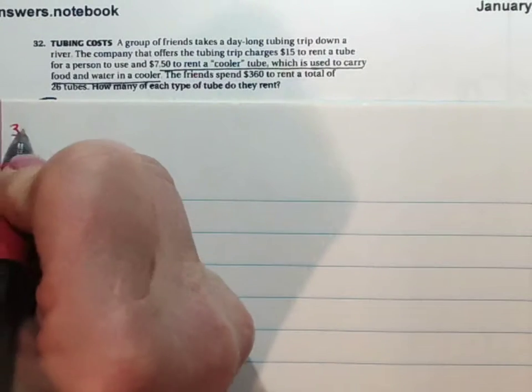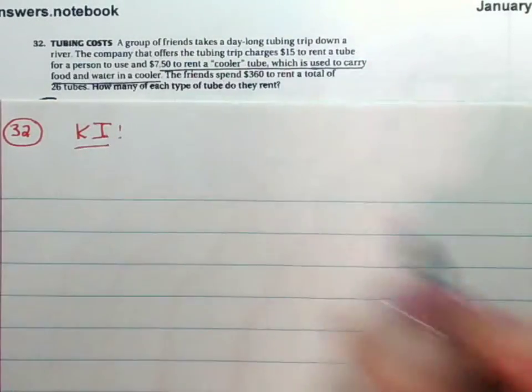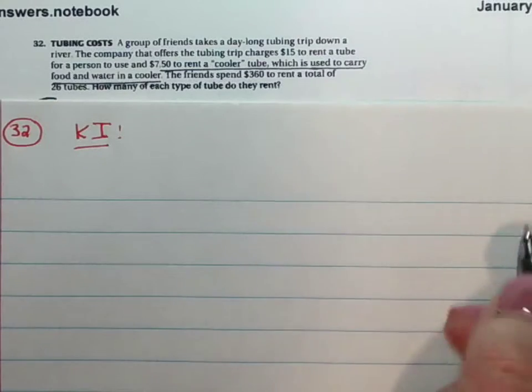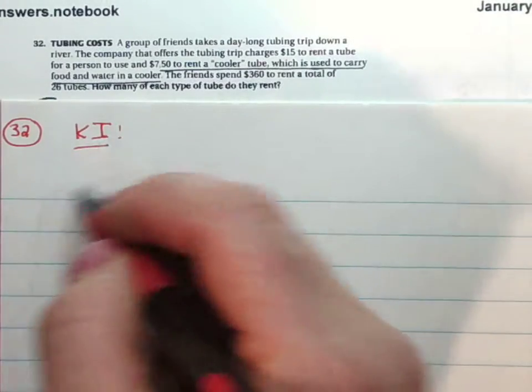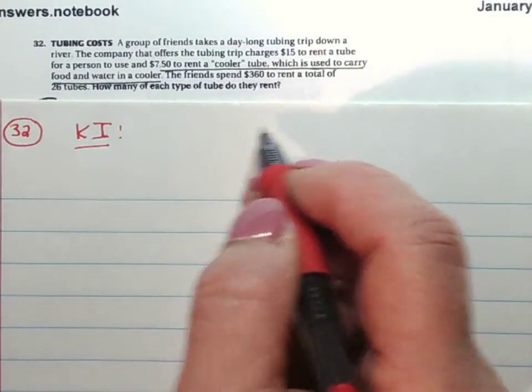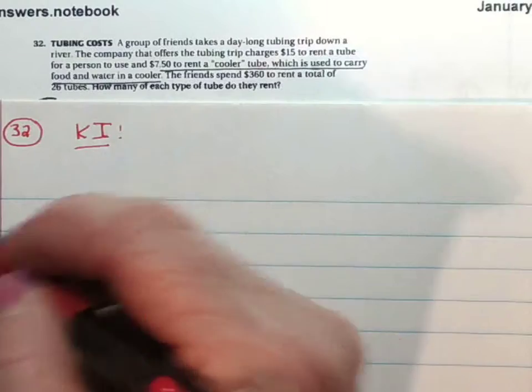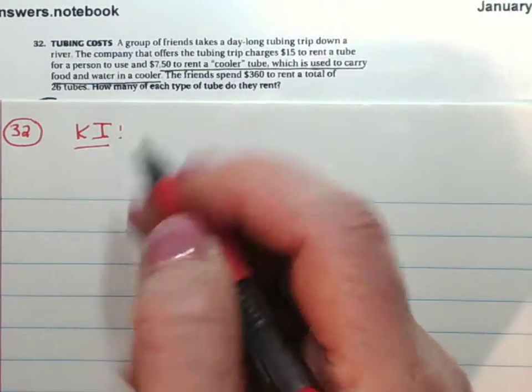Now, this is for problem number 32. And I will go through and do this one because word problems are important. So the key information you should have found by doing this problem, and when you're doing your homework, this part you should always be able to do.